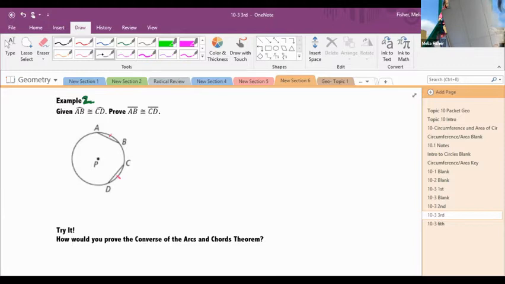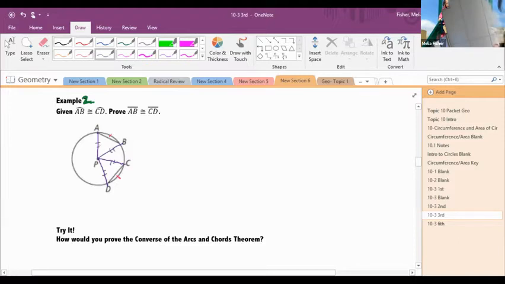The easiest thing for me to add here would be some radii, right? And why would radii be helpful? What do we know about all of those? If the central angle is, well, they're all congruent. They're all going to be congruent. Is that Aaron who said that?